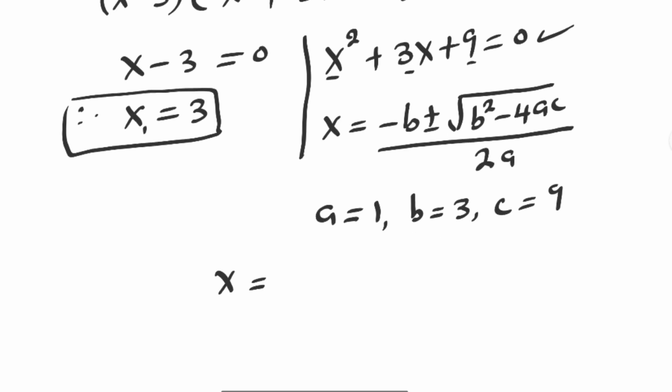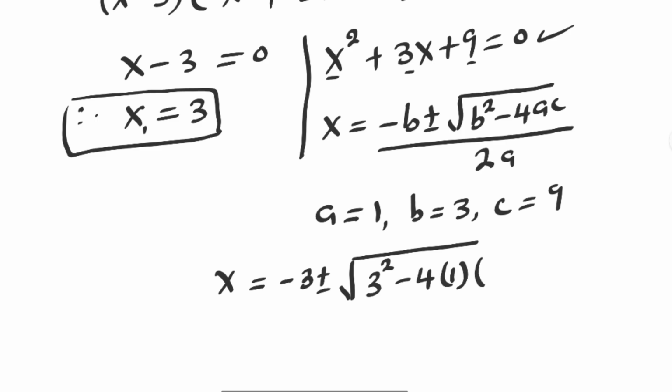S is equal to minus 3 plus or minus square root of 3 square minus 4 multiplied by a1 multiplied by c9 over 2 multiplied by a is 1.